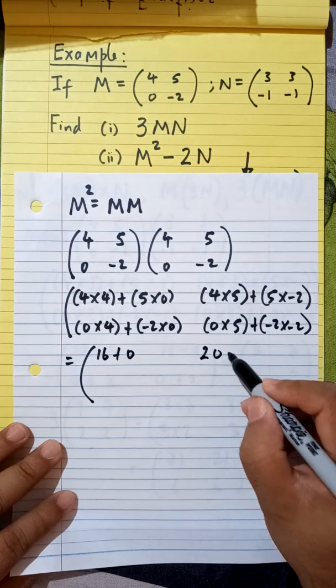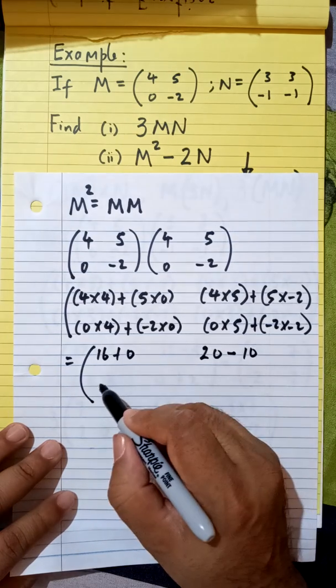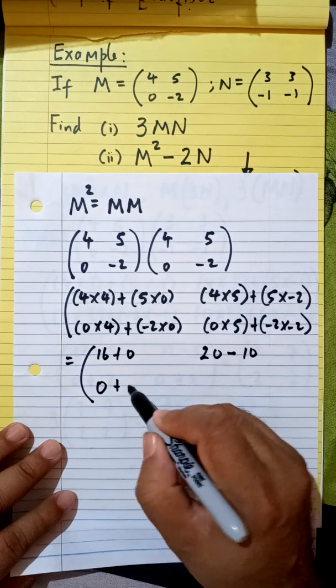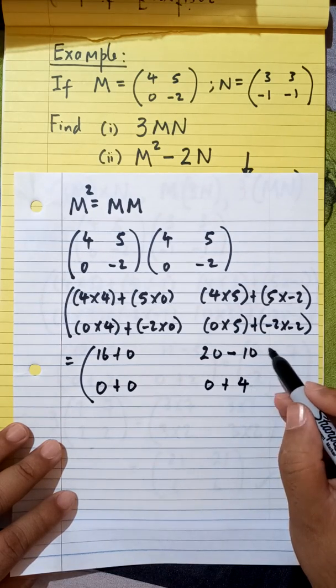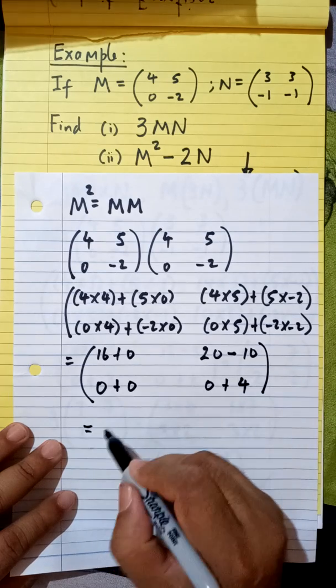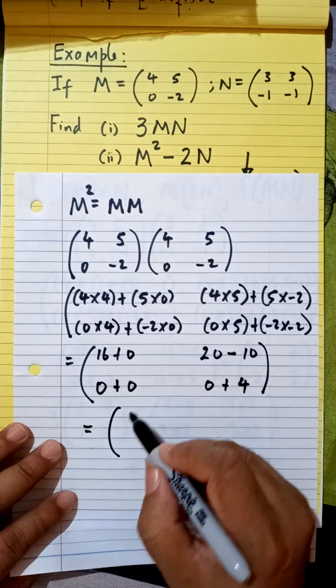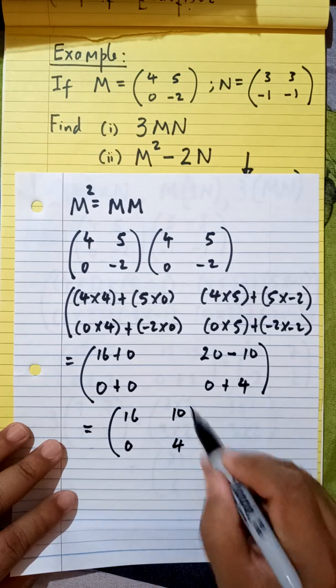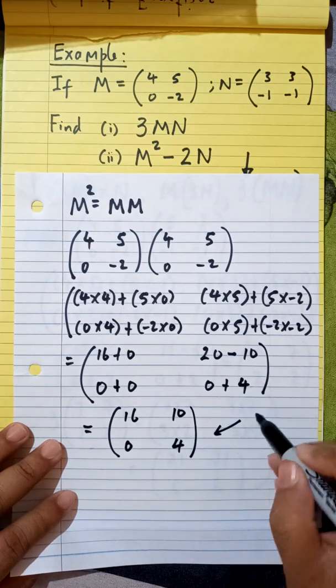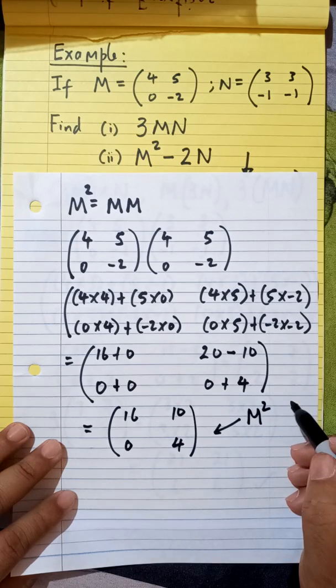That's 20. Subtract 10. That's 0 plus 0. 0 plus 4. So we end up with 16, 0, 10, and 4. So ladies and gentlemen, this is m squared.